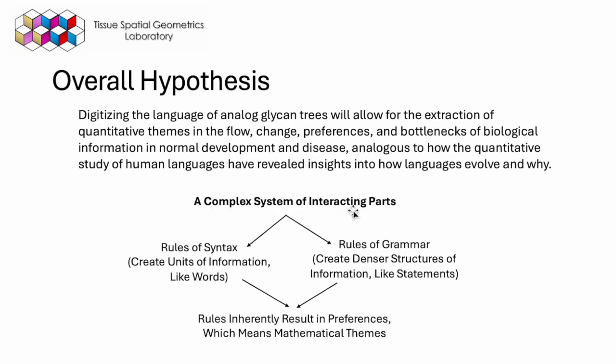When you have a complex system of interacting parts, the rules of syntax create units of information like words in a language. Then the rules of grammar create denser structures of information like statements in a human language. These rules inherently result in preferences, which means there are mathematical themes that can be uncovered. This is true of human languages and will likely be true of the glycan code.